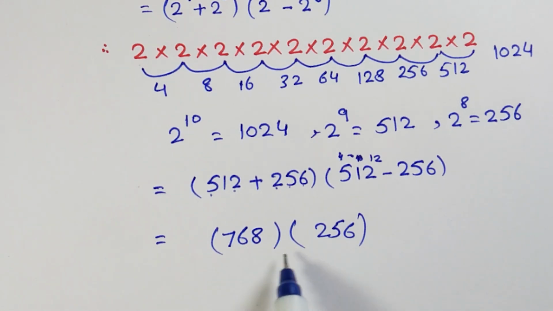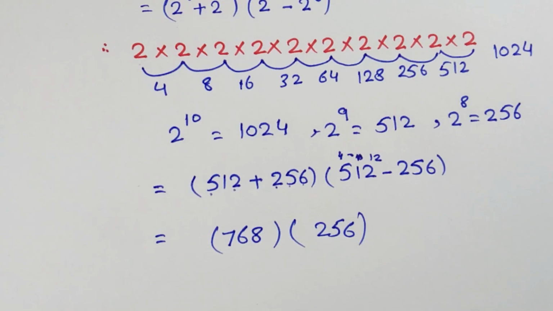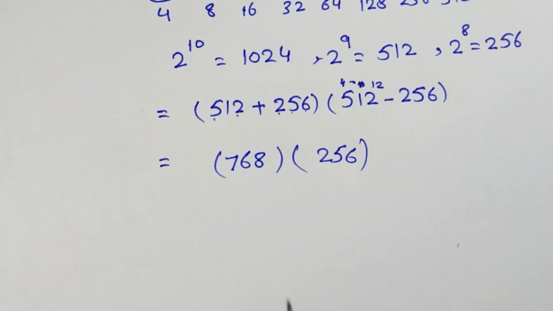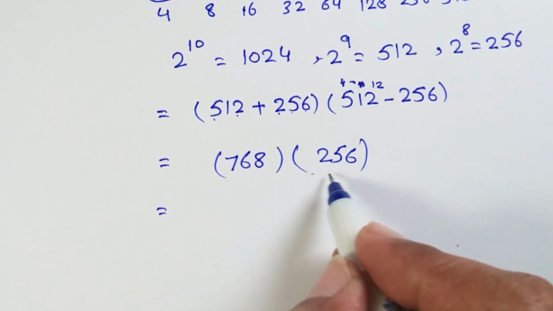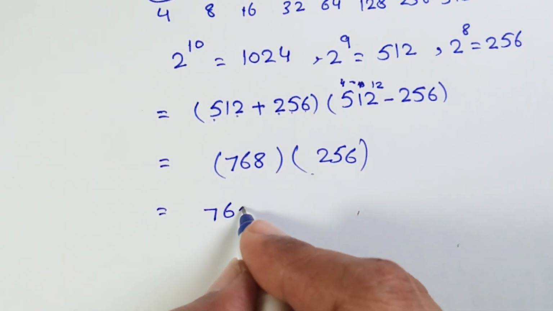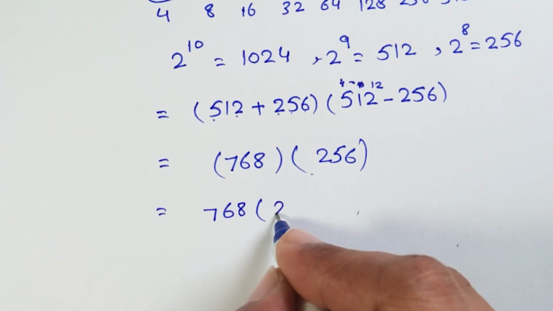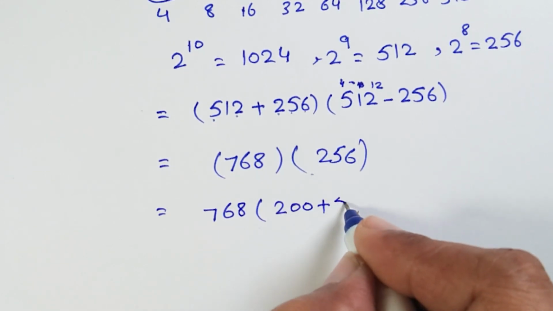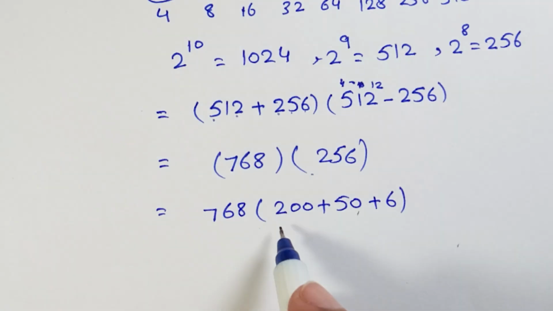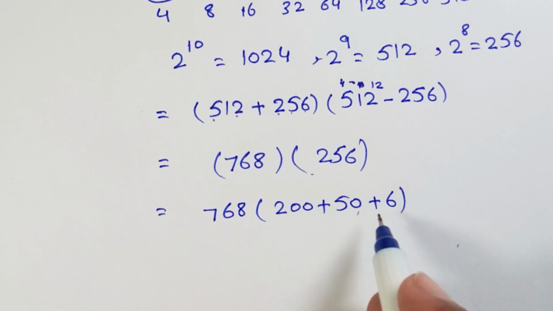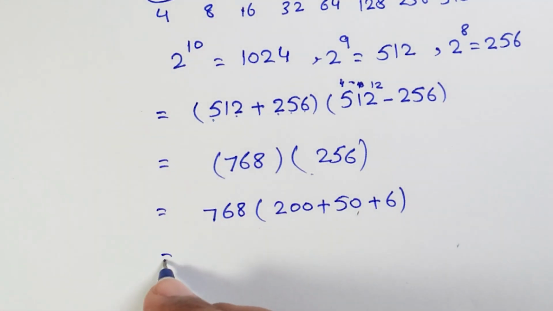Now we have to multiply both these values, but without using a calculator. So for this, we will separate these values, like 768 times 200 plus 50 plus 6. So now we will multiply 768 with 200 and 50 and 6 separately.